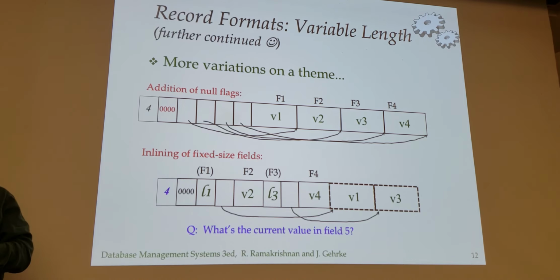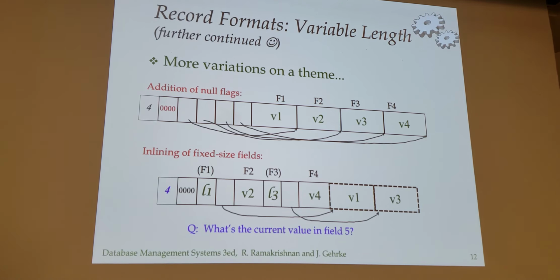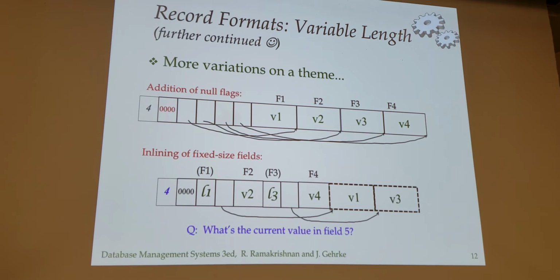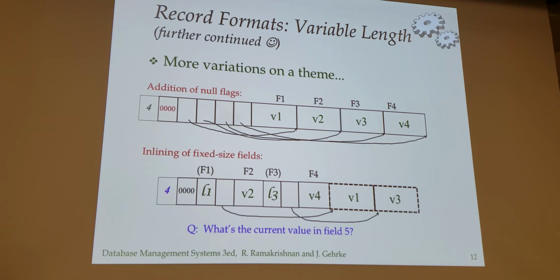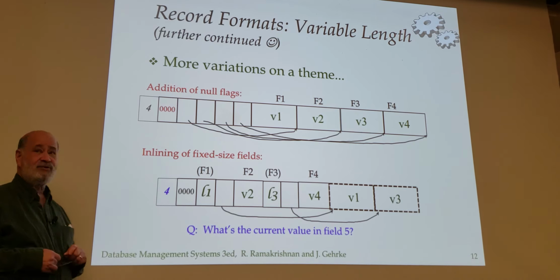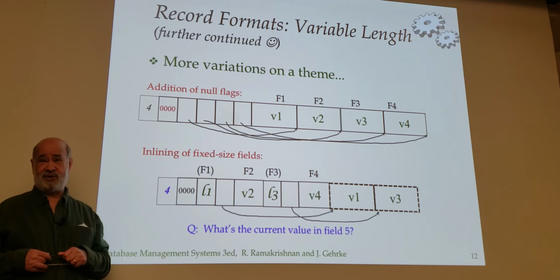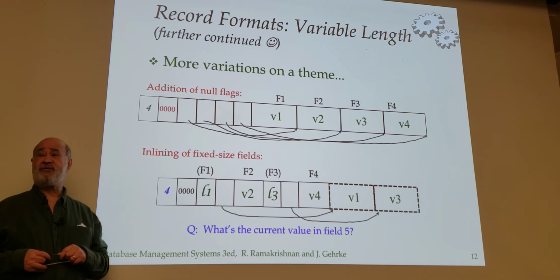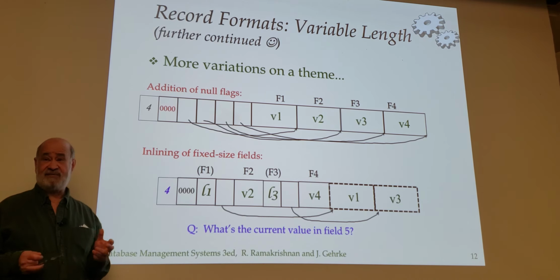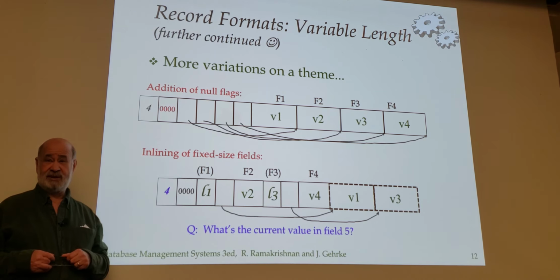But you know from the catalog what the length of the fixed things is. Some things are fixed and some end up being variable. In this representation, field 1 is variable length and field 3 is variable length, but field 2 and field 4 are fixed length. It doesn't have to be that way, it's just an example.